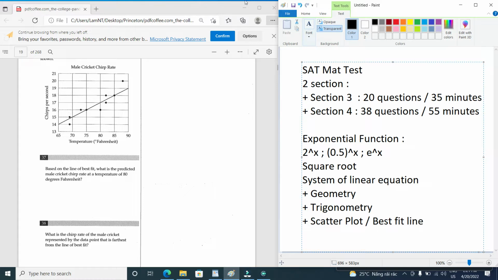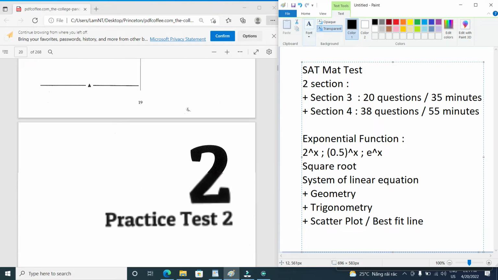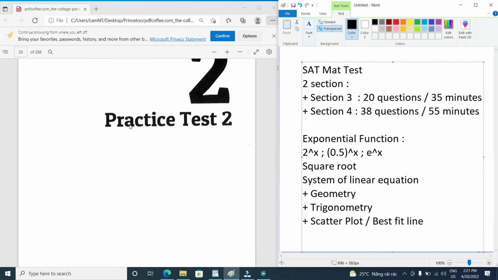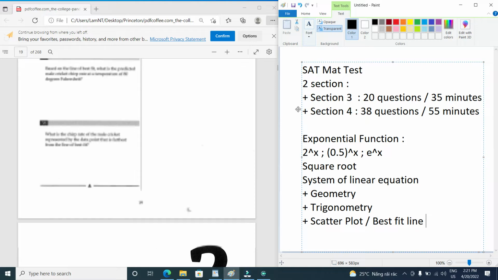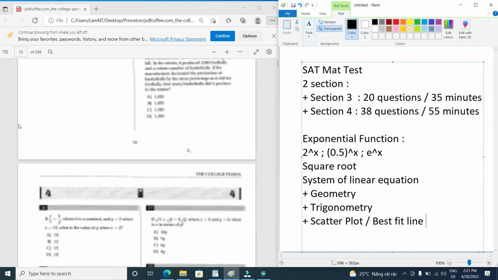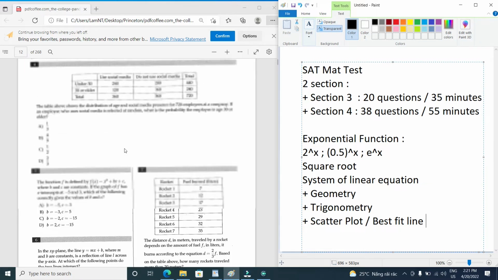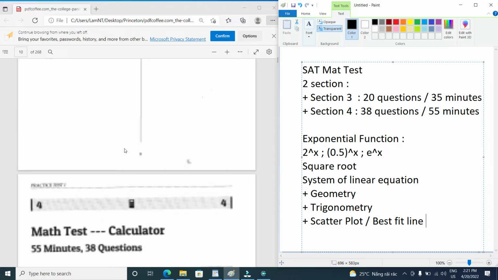Okay, so let's check some exercises together. Right, so that's the basic review that could possibly be on the test. There's gonna be a couple more to go, but let's do it. Okay, let's do it. All right.